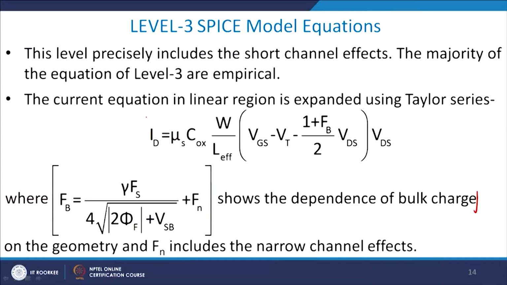Level 3 is basically an empirical model, which means that I extract IV data from experiments, and then I try to fit linear and non-linear equations to that experimental data. We change it and see which is the line of best fit, and those equations are known as the level 3 SPICE model, given by this formula here, ID equals mu s C oxide W by L. This FB is basically my geometry dependent term, and that varies with the level.